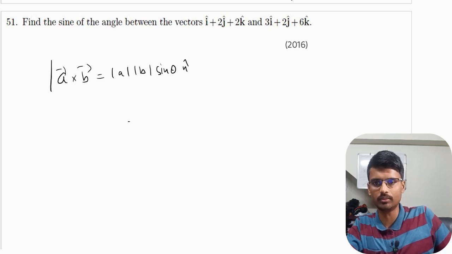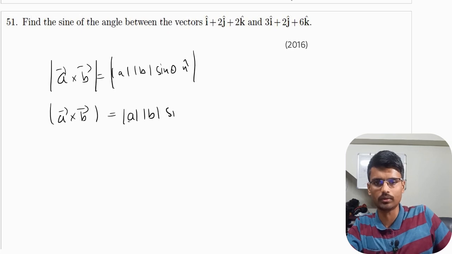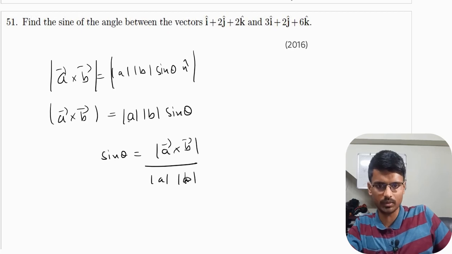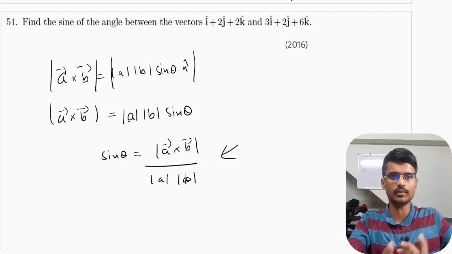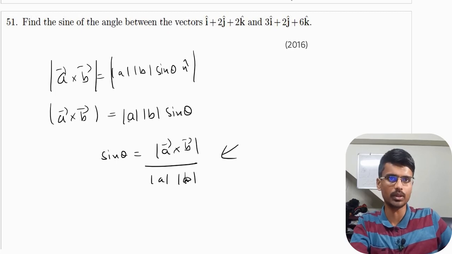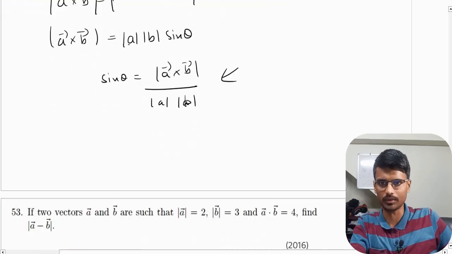If I take the magnitude on both sides, the n cap will go away because the magnitude of n is 1. So sine theta is equal to the magnitude of the cross product divided by the magnitudes of the individual vectors. Just substitute here and you will get the answer.